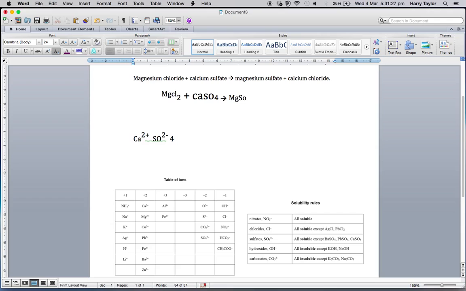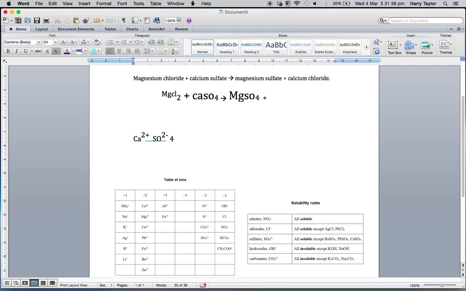You have to have a capital S, otherwise you'll fail. So that's your magnesium sulfate calculation.